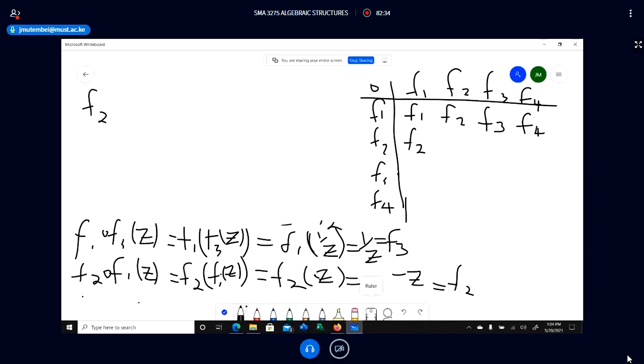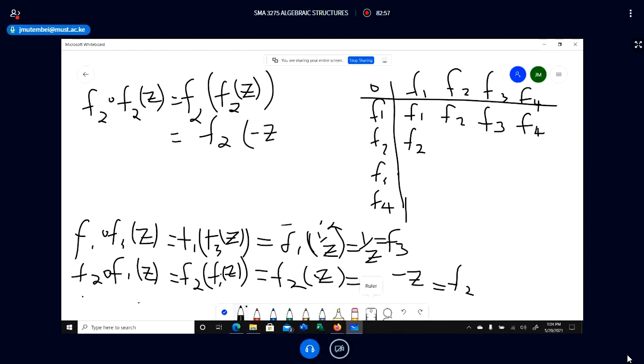F2 composite F2 of Z, from the definition of the composite map, is F2 of F2 of Z. F2 of Z we know as negative Z, so this becomes F2 of negative Z. F2 of negative Z will be negative negative Z, which is equal to positive Z. And positive Z is F1. So the result here is F1.